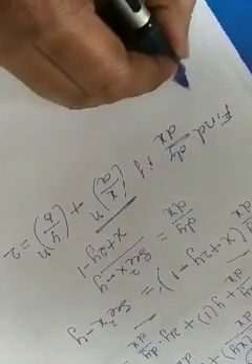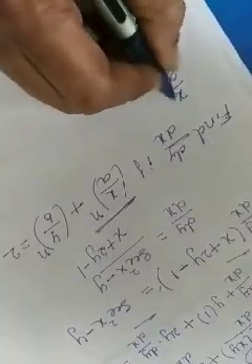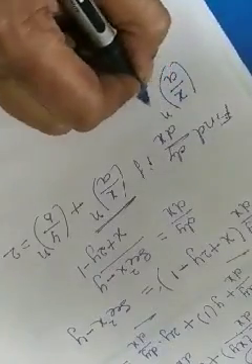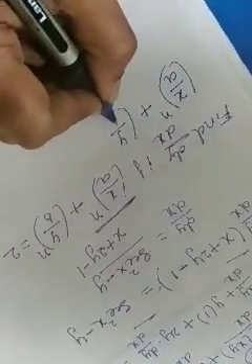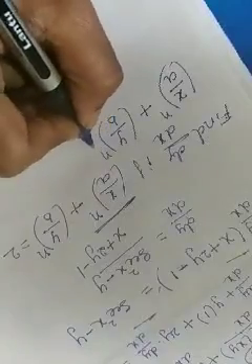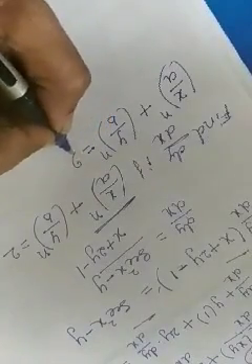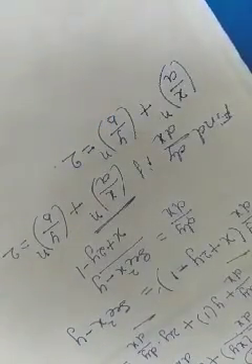Write down the given function. X by a whole raised to n plus y by b whole raised to n is equal to 2.